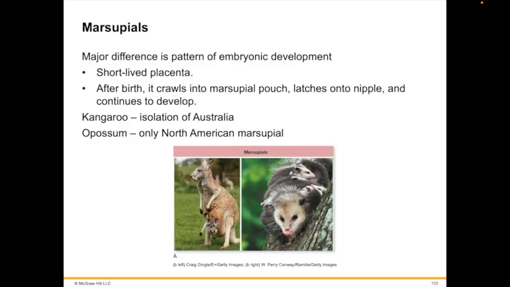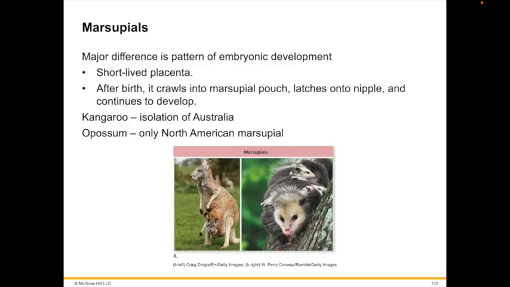So the kangaroo, which is in isolation in Australia, and then the opossum, and that's the only North American marsupial. And that's the Virginia opossum, which migrated north from Central America within the last 3 million years.